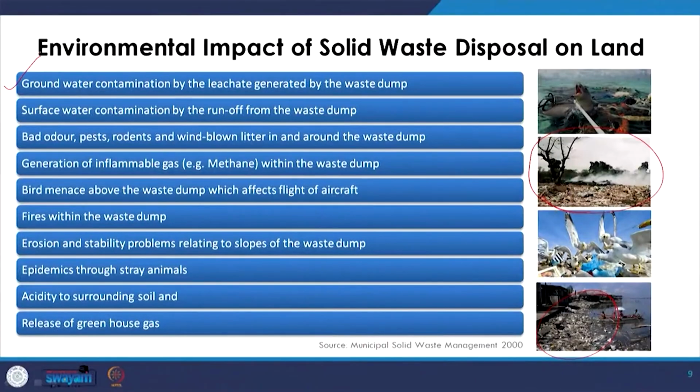The first and foremost and the most serious of all is groundwater contamination by the leachate generated by the waste dump. Unfortunately, in dense areas, the first aquifer, which is the unconfined aquifer, has for the most part got contaminated simply because of the leachate generated by the waste dumped on the land.